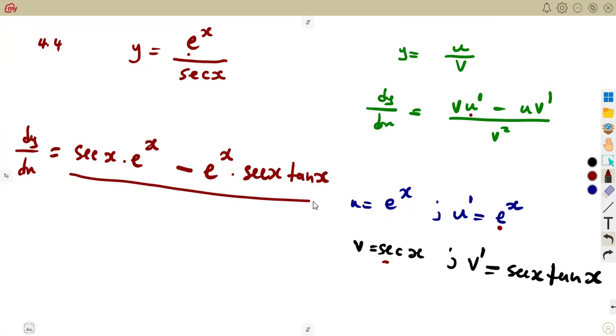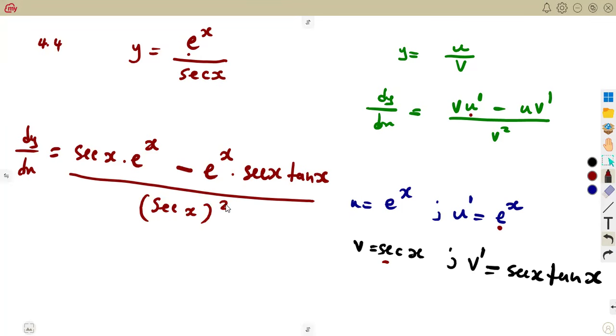Everything over v squared, where v is the sec of x. So we are going to have sec of x squared like this.